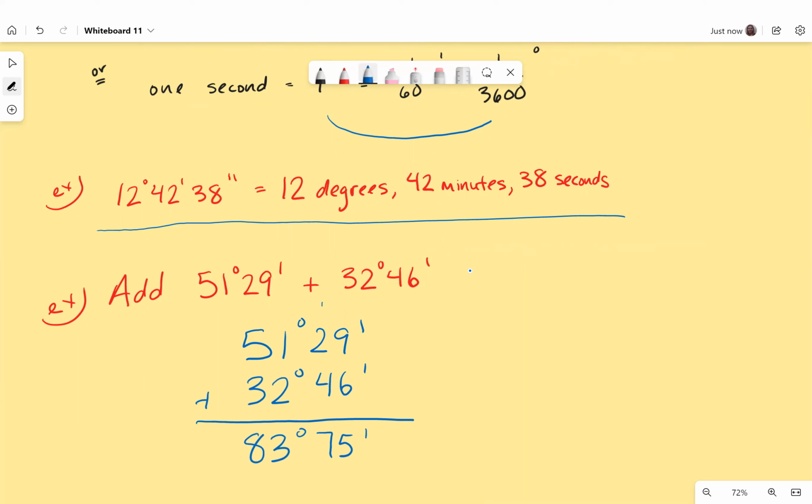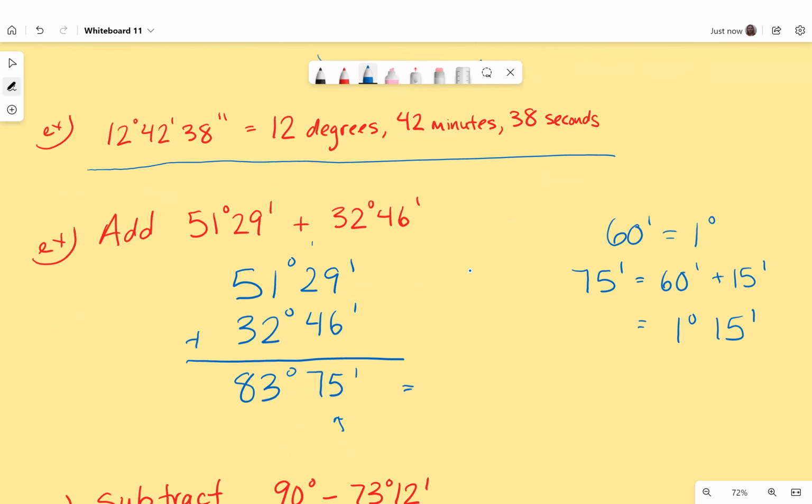Now, what's wrong with this is that we have 75 degrees, or 75 minutes, sorry. So technically our minutes should only go up to 60 because 60 minutes is 1 whole degree again. So remember, our 60 minutes equals 1 degree. So we could take that 75 minutes and break it apart to be 60 minutes plus 15 minutes, which is 1 degree, 15 minutes.